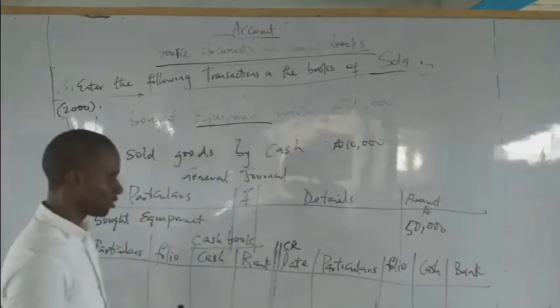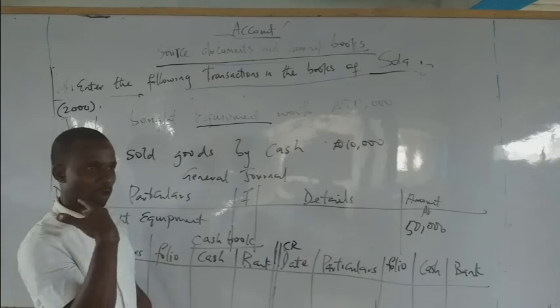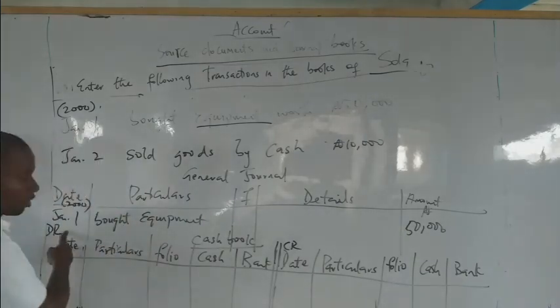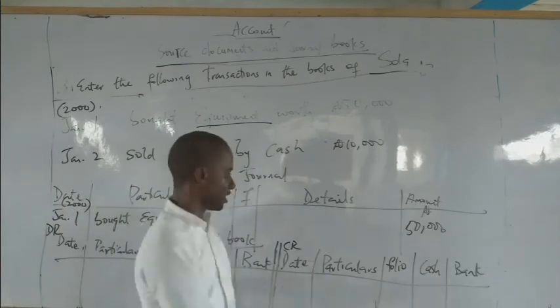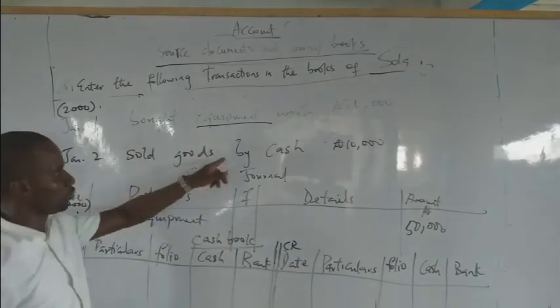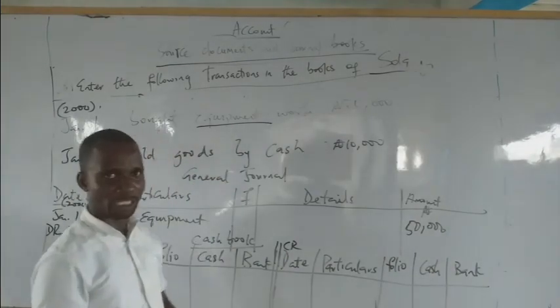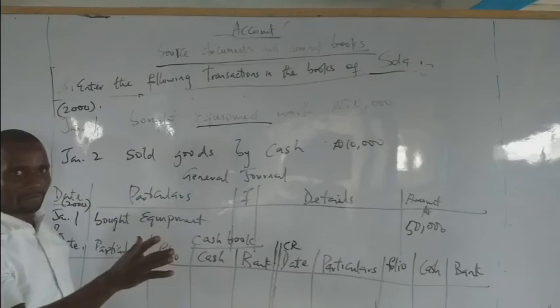So please take note. Why do we demarcate it with debit and credit? When cash or check is coming in, we debit it. But when cash or check is leaving the business, we credit it. So now let's look at this. Sold goods by cash, 10,000. When you sell, is money coming in or going out? Very good.